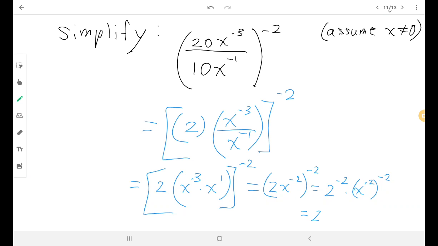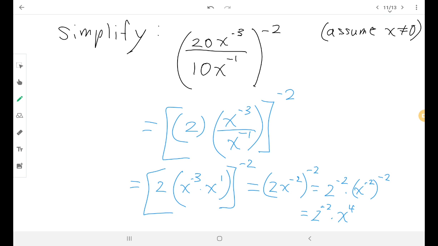So then it's 2 to the negative second, and when you raise powers to other powers, you multiply the powers. So we've got 2 to the negative second times x to the negative 2 times negative 2, which is positive 4.